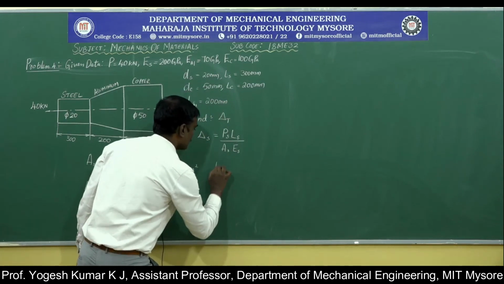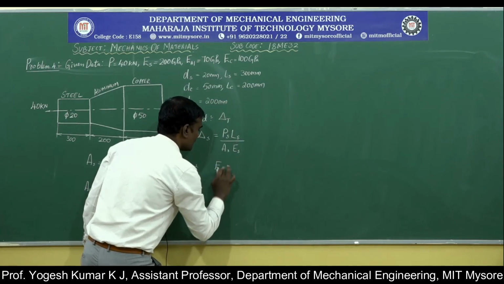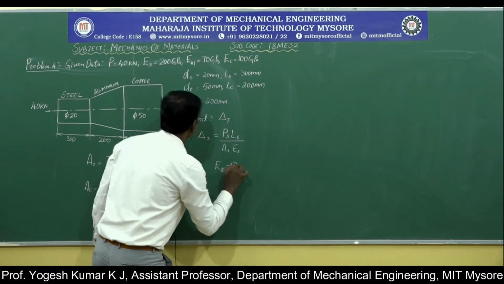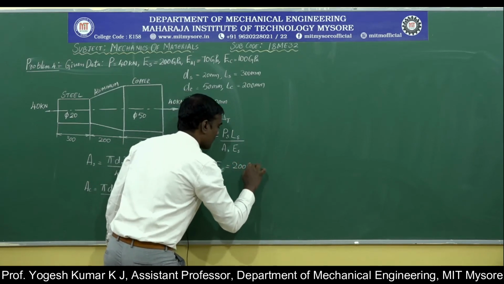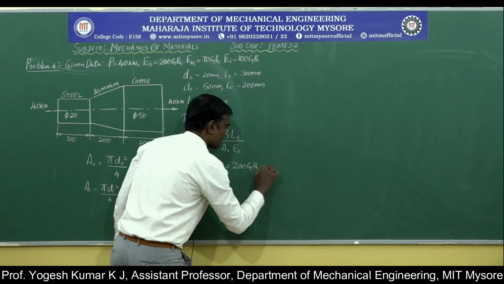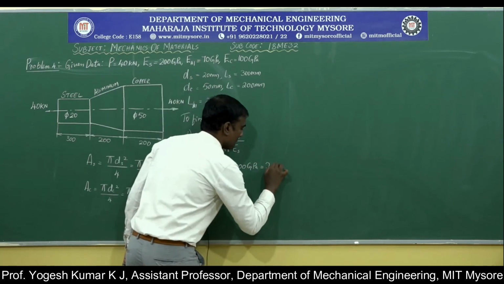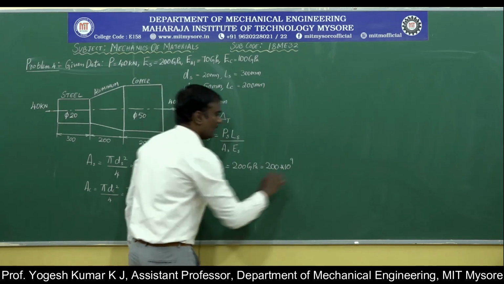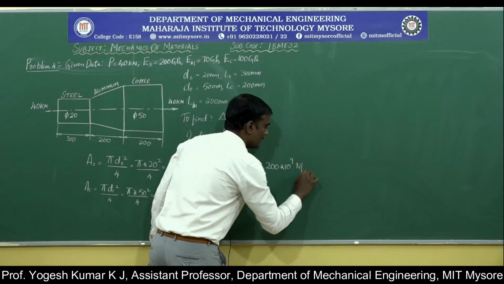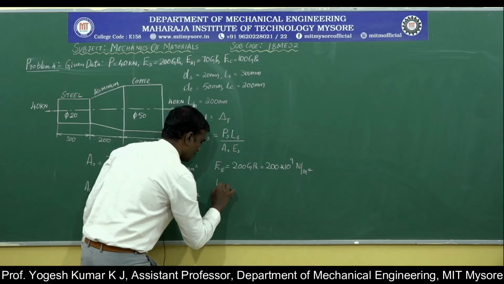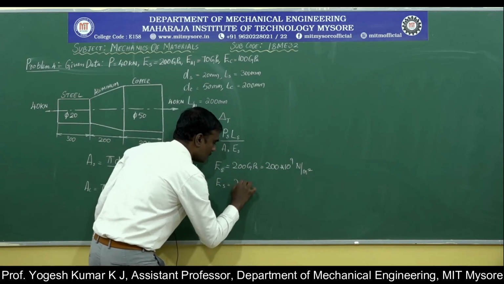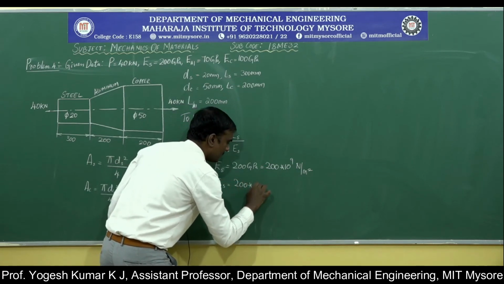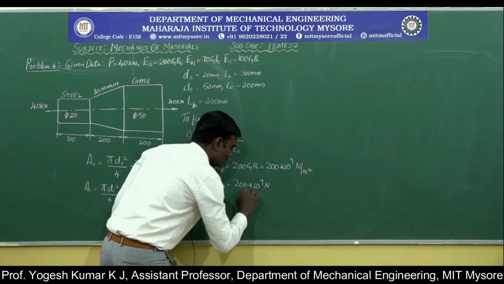I will show you the example for steel. Steel is given as 200 gigapascal. Giga means 10 power 9. Pascal means Newton per meter square. 200 into 10 power 9 Newton.